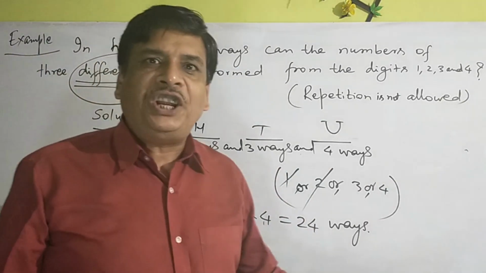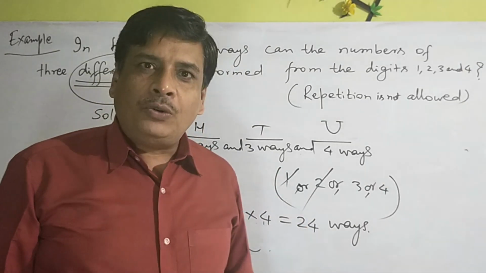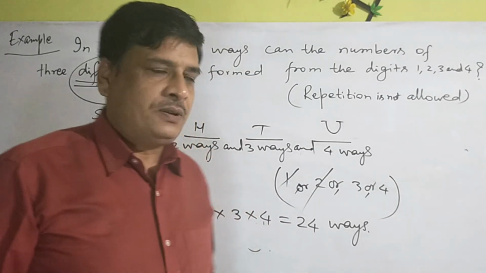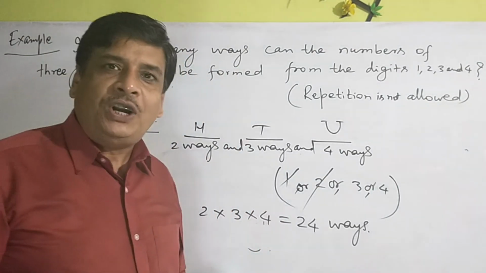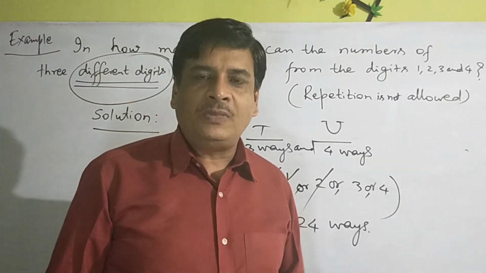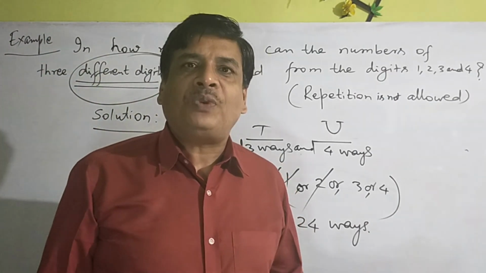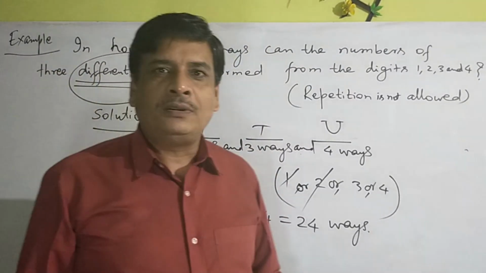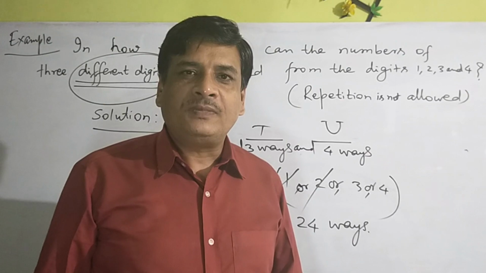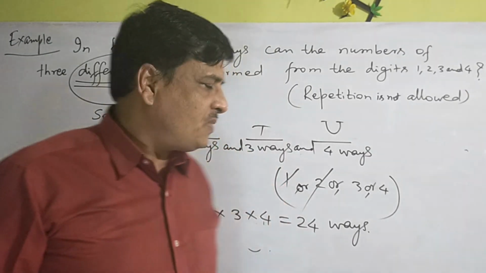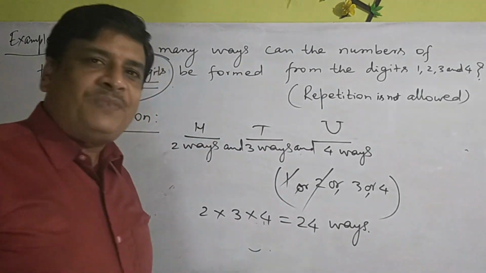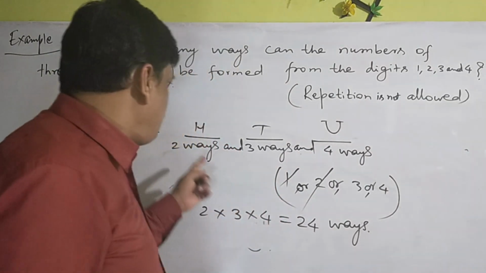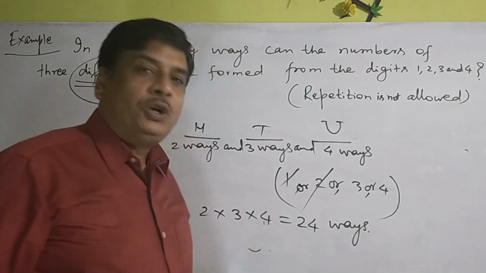It will not make any difference in the calculation while finding the total number of 3-digit numbers with different digits. The available digits are 1, 2, 3, 4 and we have to form numbers of 3 different digits from them. We can also start filling from the tens place. It will not make any difference. So the total number of ways by which we can fill up these three vacant places is 24.